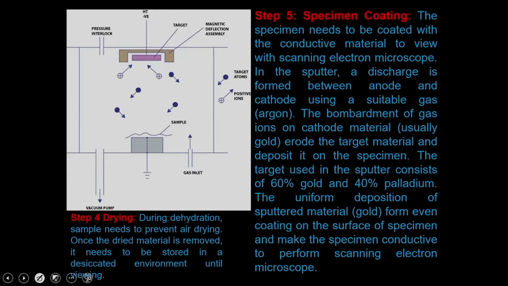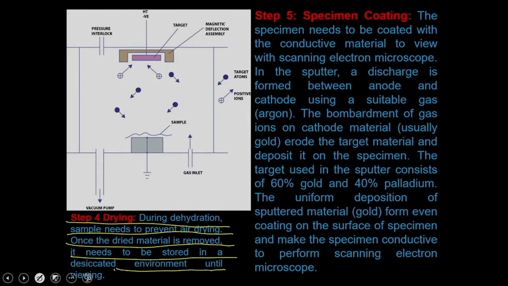So, after that you have to do a drying step. In step 5, you have to do drying. During dehydration, the sample needs to be prevented from air drying. Once the dried sample is removed, it needs to be stored in a desiccated environment until viewing.